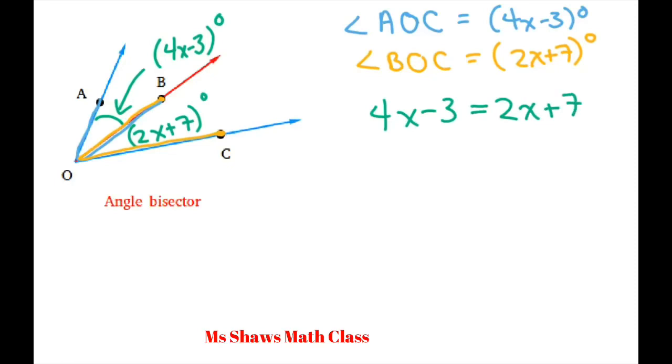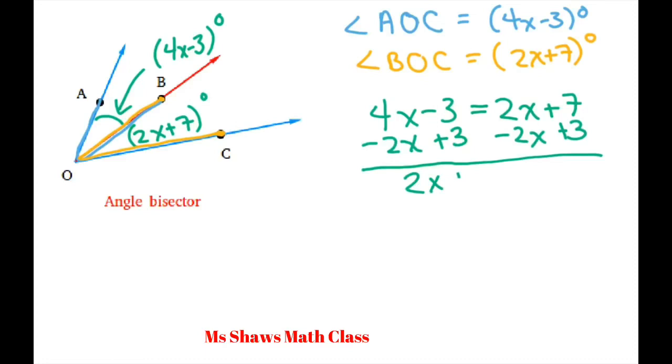Now I'm going to solve for x by subtracting 2x from both sides using my subtraction property and adding 3 to both sides of the equation. So addition property. So you get 2x plus 0 equals 0 plus 10, or 2x equals 10.